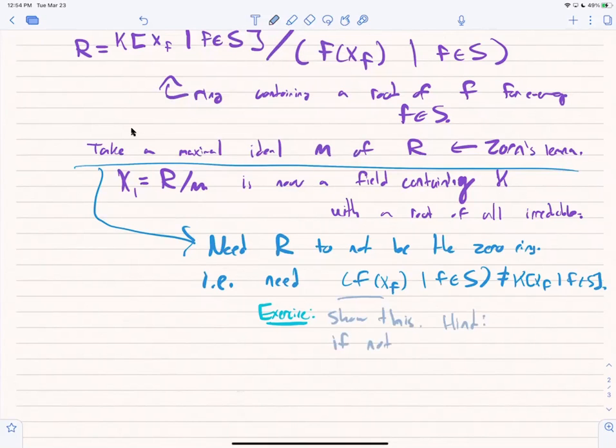then if not, write one as a linear combination. And so this only uses finitely many variables.